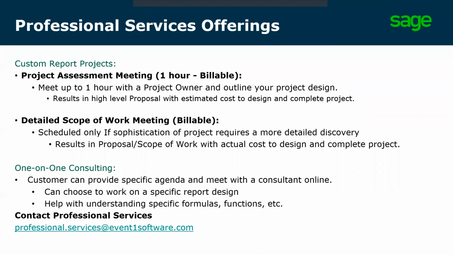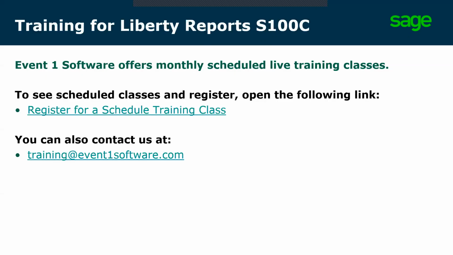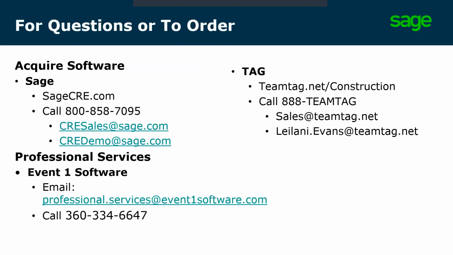Sage's professional services, this is the process they follow, in partnership with TAG, and there's an email address for those folks. And there are training classes, so you can learn this if you acquire it and you want to learn how to use it. There's training classes you can sign up for, and there's contact information.